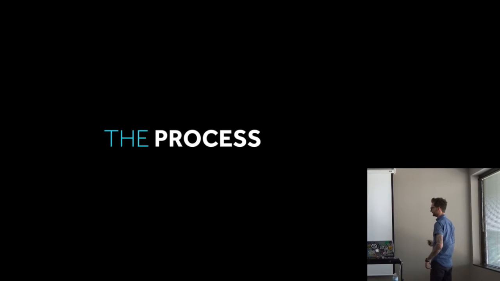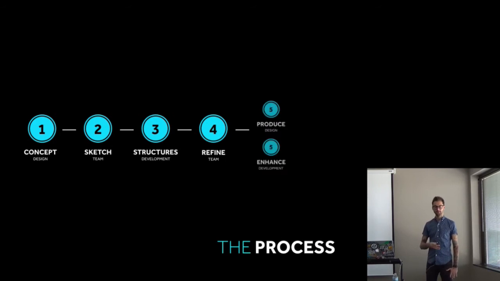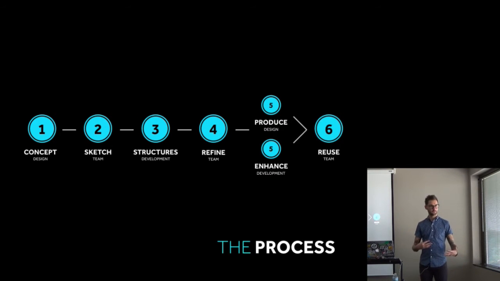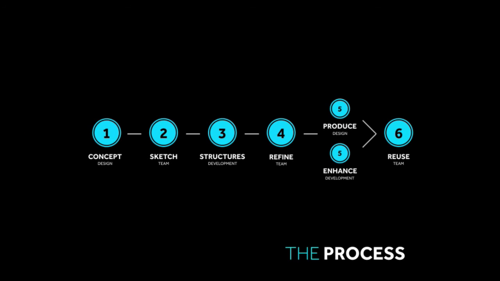The process, and as I said, we'll talk about the demo. There's really 5 steps, but it aims towards a 6. And there's different people that own each step, but it's this developer-designer relationship. It first starts with the concept, and that's owned by the design team. Second is a sketch. It's both designers and developers working together. Then it gets into structures, and this is where the main piece of this actually comes together, on the development side.